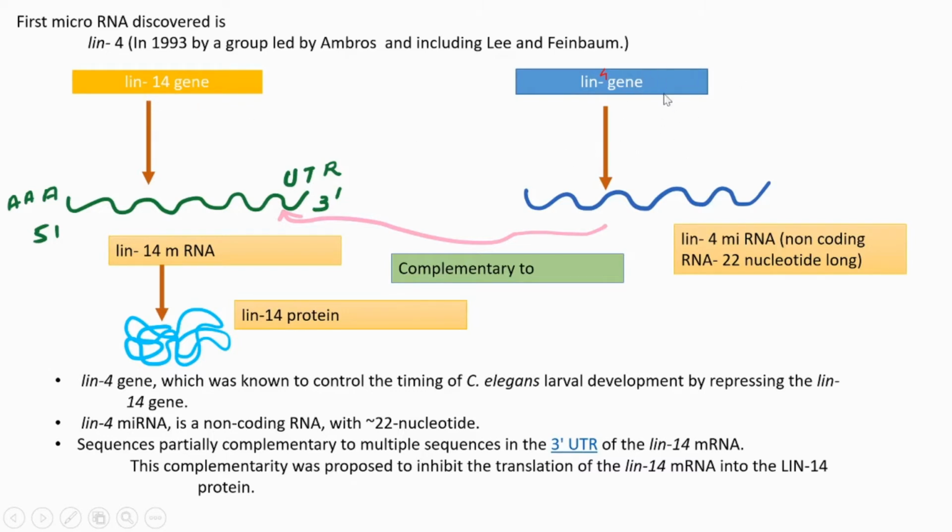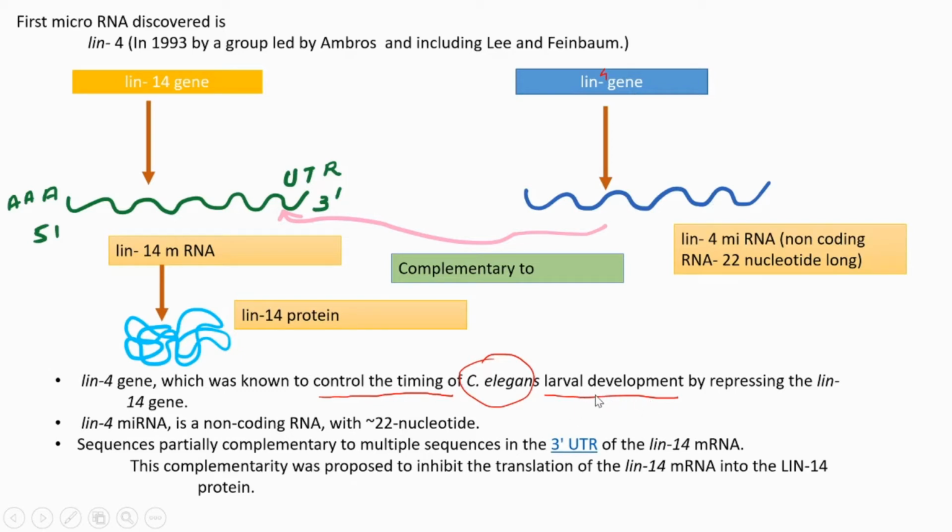This Lin4 gene is important in controlling the timing of larval development of C. elegans. This is its role. Lin4 is an important gene that controls the timing of larval development.